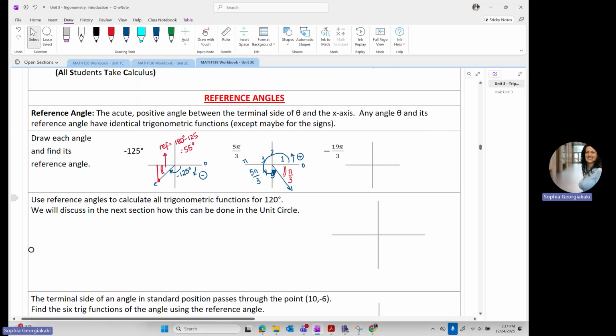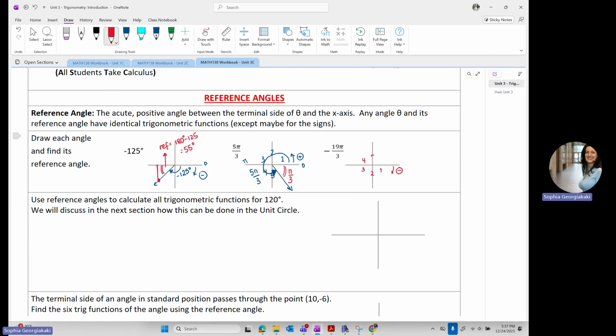Negative 19 pi over 3. So I'm going to go in the negative direction. The slices are pi thirds. I need 3 of them to make 180 degrees. So negative 1, negative 2, negative 3. Keep going. I have to go 19.